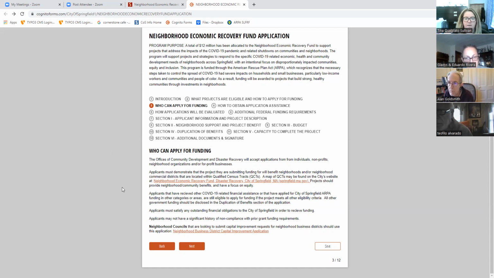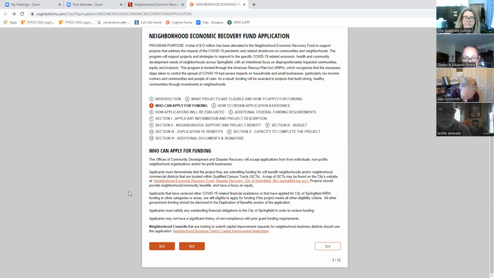Other than that, I think that's probably the big thing in this section, other than I should say, while this doesn't have to happen before an application is submitted, before the city could go to contract, if the entity applying for funds has any outstanding financial obligations to the city of Springfield, those would need to be paid before we could go to contract.